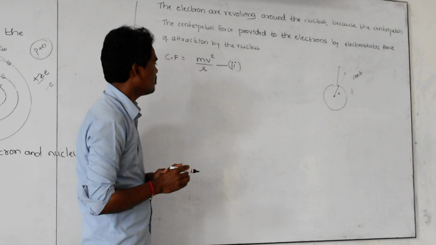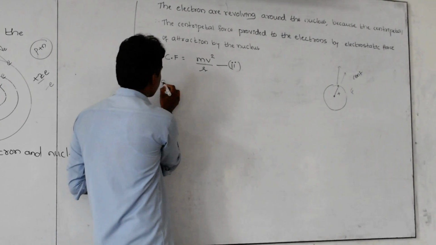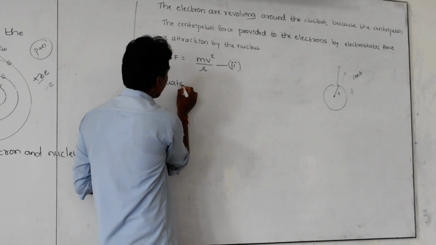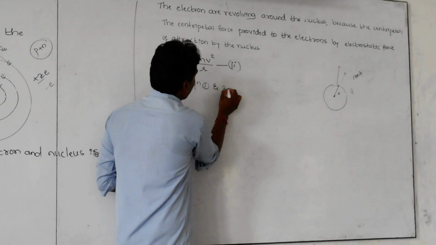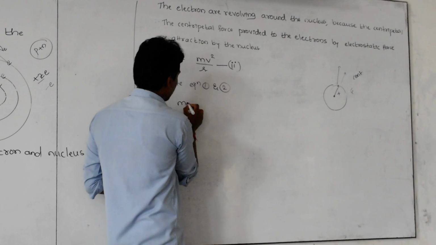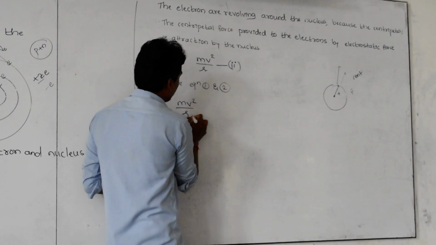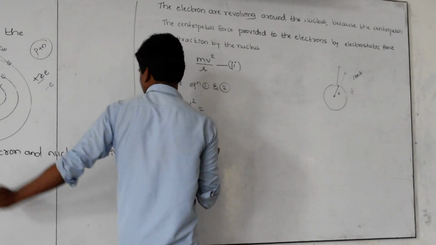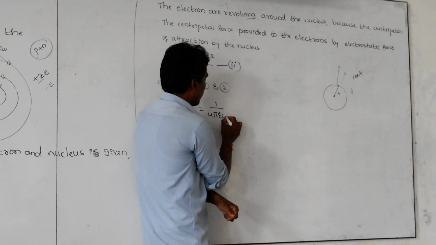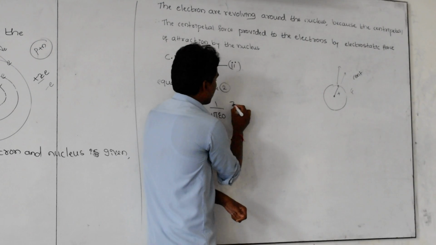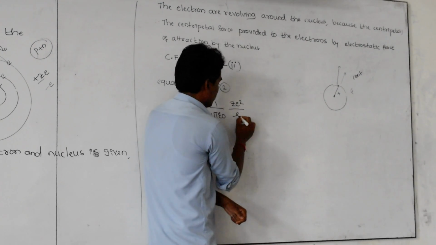So equate equation 1 and 2: mv square divided by r equals 1 by 4 pi epsilon naught, Ze square divided by r square.